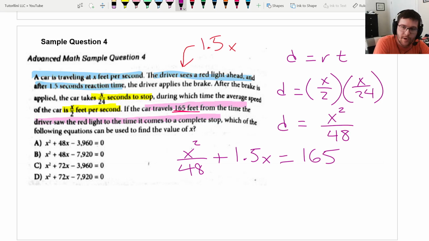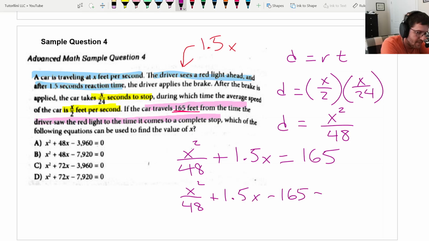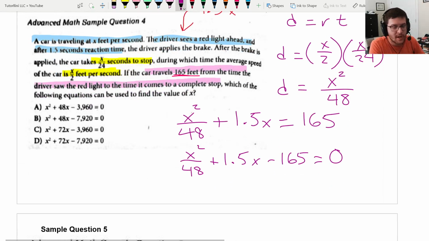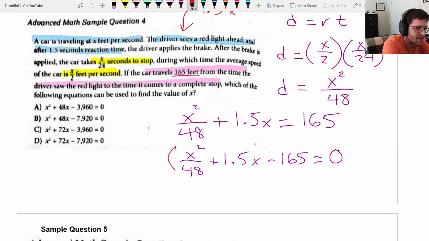Now, to get it to look like one of those equations, we just have to put it in standard form. So I'm going to subtract 165 from both sides. And I get minus 165 equals 0. And now we're going to clear the denominator. So to do that, the only denominator is 48. So we're going to multiply the whole thing by 48.